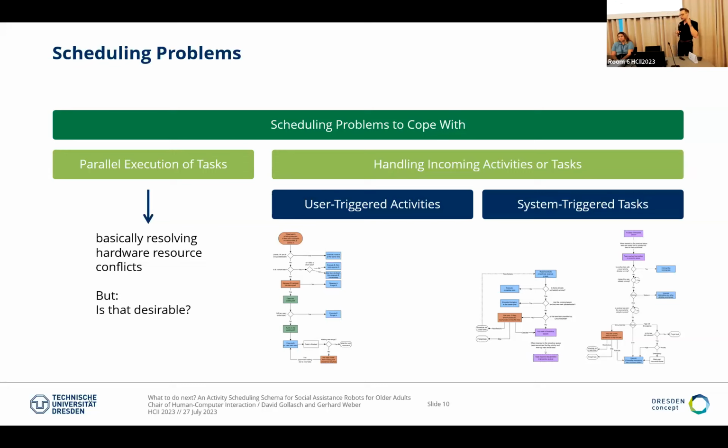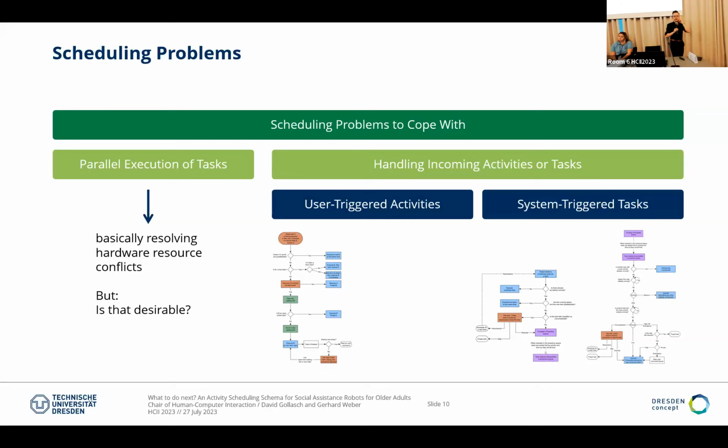To present one scheduling approach, we have to distinguish several problems. The first is that we have to check for parallelizability of activities, so whether it's possible to do multiple activities at once. For example, driving away and playing some music or reading the news does not actually contradict.